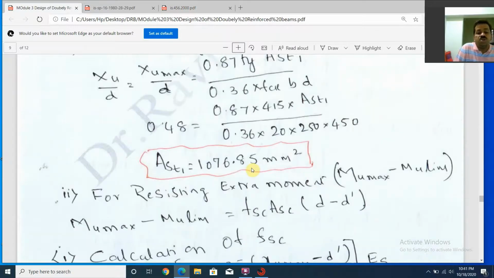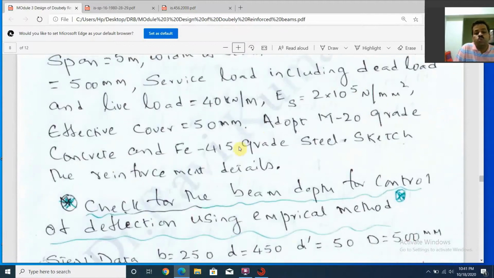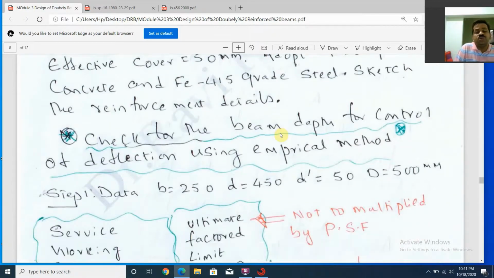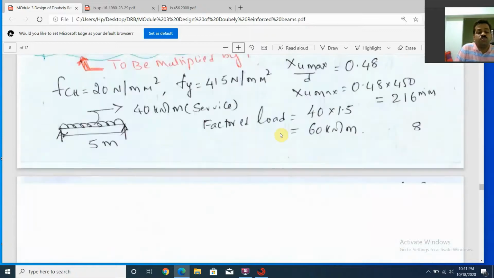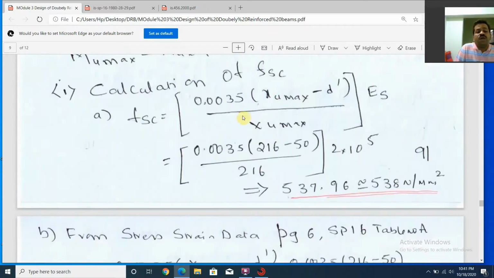In this problem, Young's modulus of steel is given as 2 into 10 raised to 5 Newton per mm square. If I find the strain, then I know the stress. We know that stress is equal to force by area, or Young's modulus is equal to stress by strain. So I will write stress is equal to strain into Young's modulus. What is the strain?